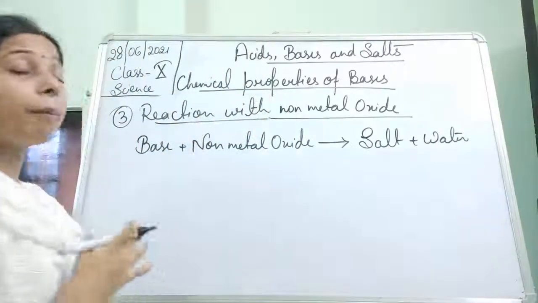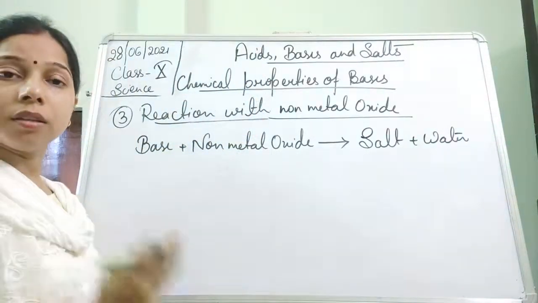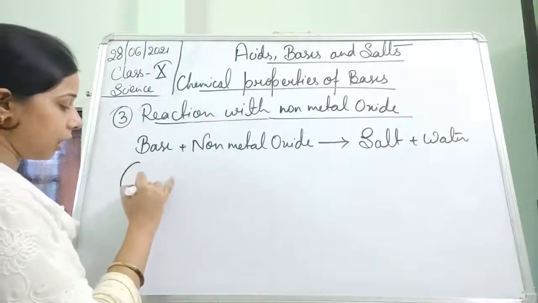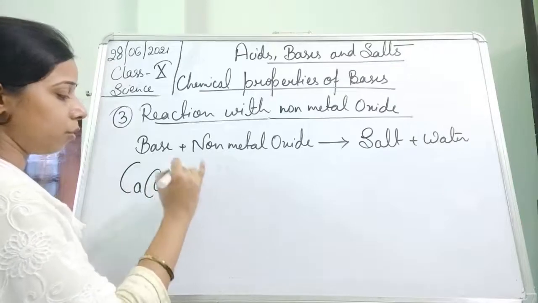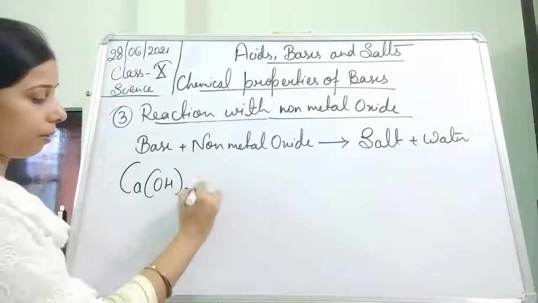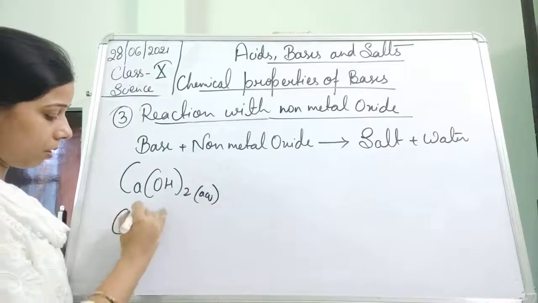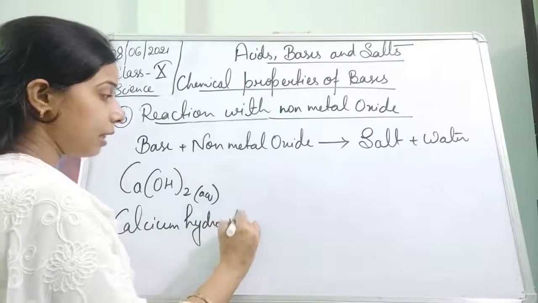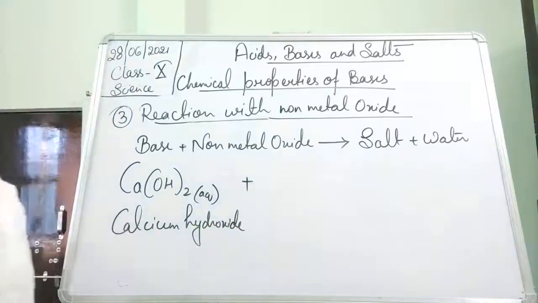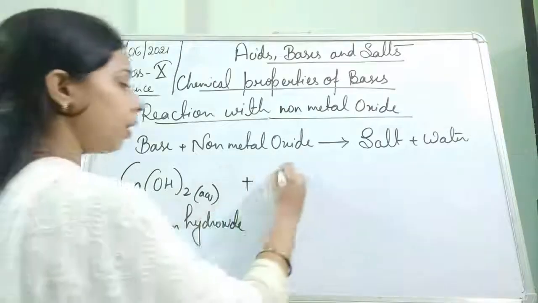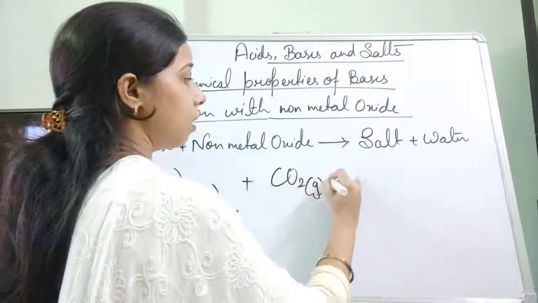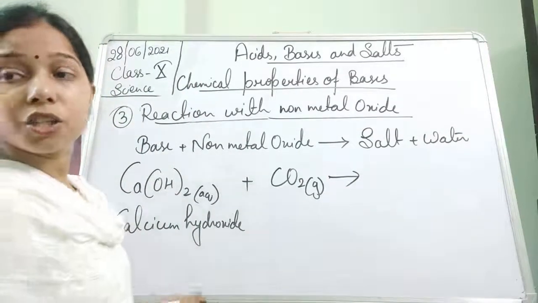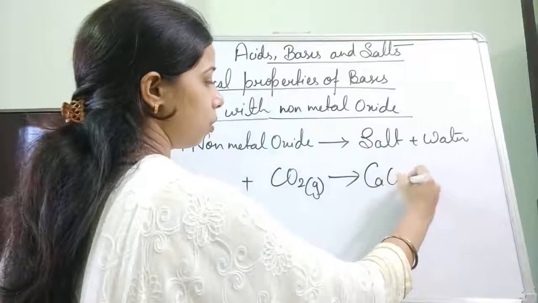As we have seen in the case of the metal oxide, when an acid reacts with a metal oxide, there also a salt and water are formed. Here, suppose we have taken a base, calcium hydroxide solution, which is in aqueous form. This calcium hydroxide reacts with a non-metal oxide, that is carbon dioxide, CO2, which is a gas. Then there is a formation of CaCO3, calcium carbonate, plus water.